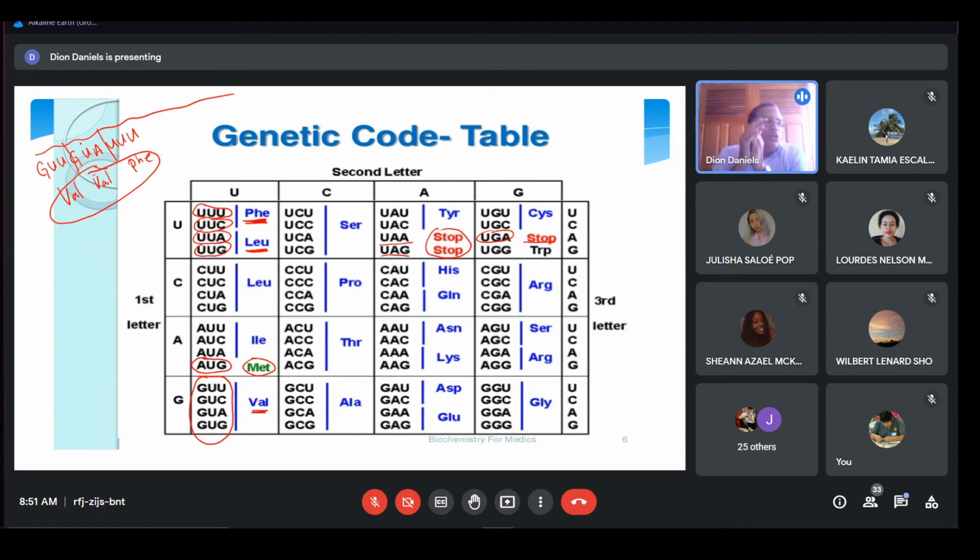I can give you a DNA molecule. Of course, it would have the base sequence, and it will be a particular gene.